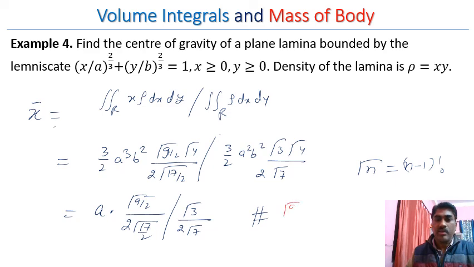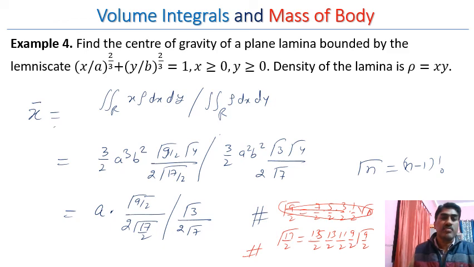Gamma 9 by 2 is equal to 7 by 2, 5 by 2, 3 by 2, 1 by 2 root pi, and gamma 17 by 2 is equal to 15 by 2, 13 by 2, 11 by 2, 9 by 2, gamma 9 by 2. You need not expand this because it will cancel out the gamma 9 by 2 in the numerator, and thus this is the first part, the x coordinate of the center of gravity.